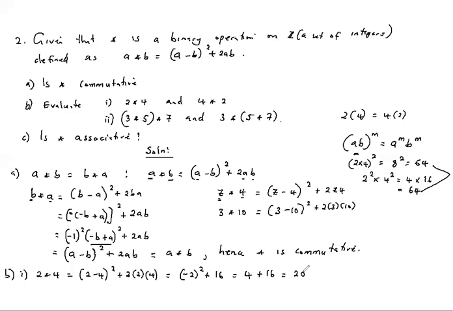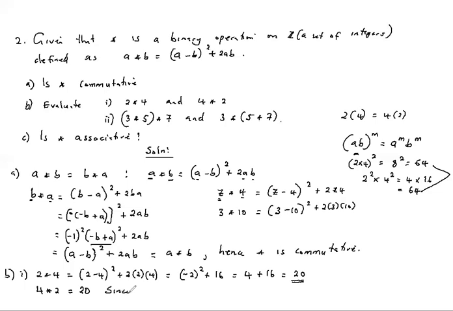So we also asked it to find 4 star 2. So what would be 4 star 2? It will be 20. Why is it 20? Because it's the same thing.